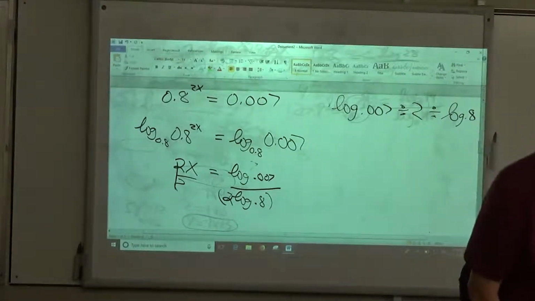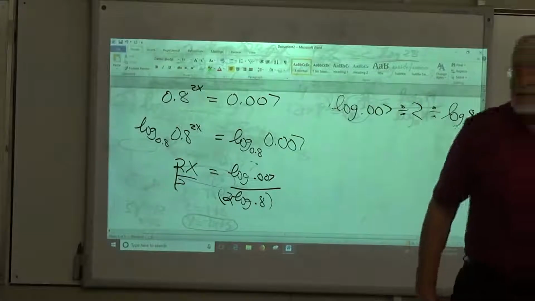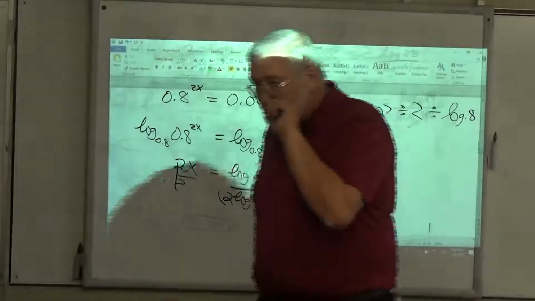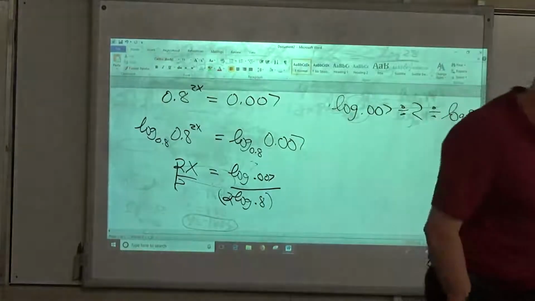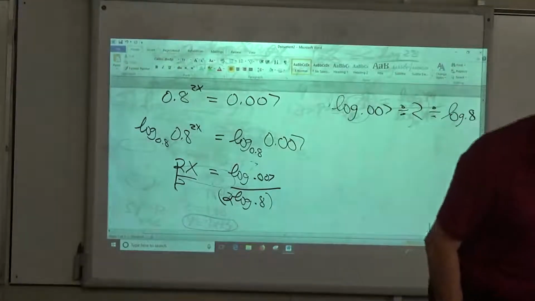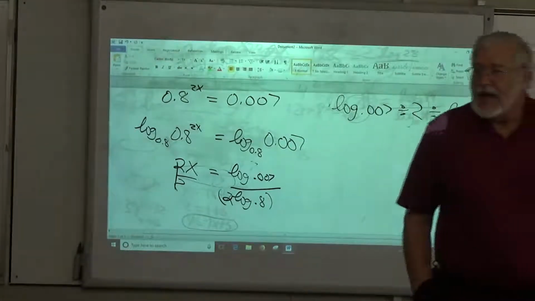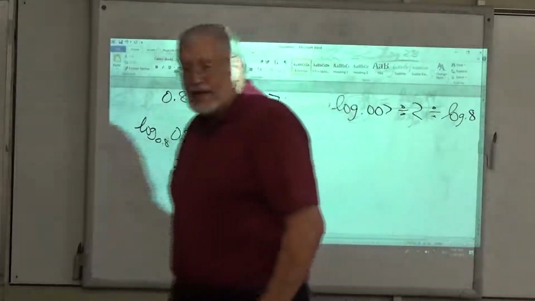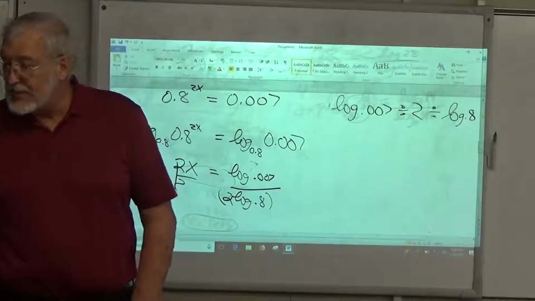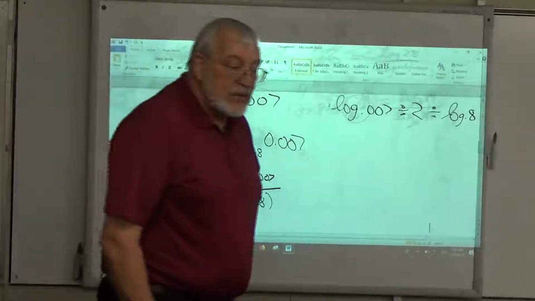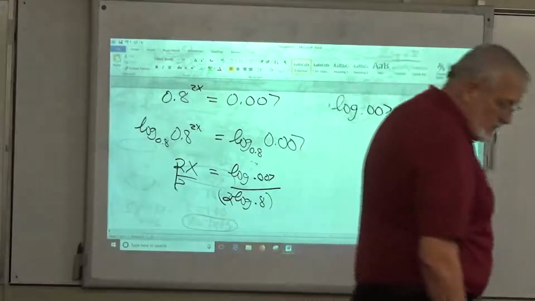Okay, so if you turn to 285, the first odd problem says the log in base 5 of this weird number. Okay, how do I find out what that is with my calculator? This is property number 4. So what do I put in the calculator?